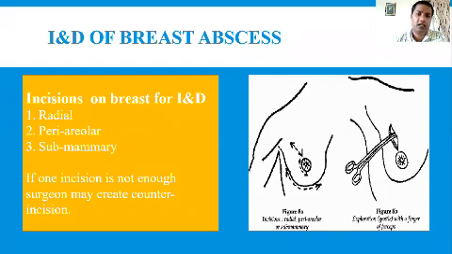First, the radial incision: the incision goes from the nipple radially towards the axilla, toward the periphery of the breast, a straight incision. This is called a radial incision.